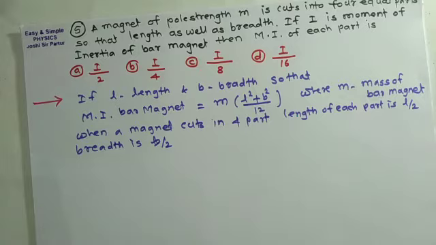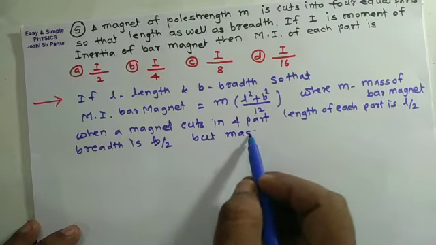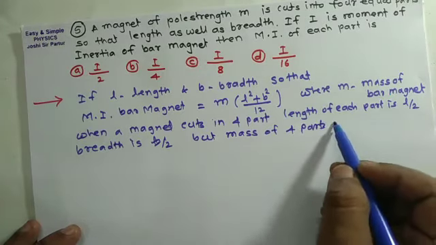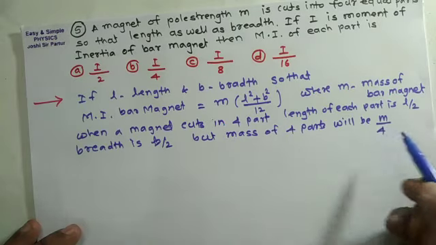Length is L upon 2 and breadth is B upon 2. But the mass of each of the 4 parts will be m upon 4.